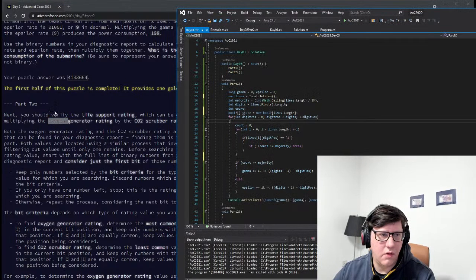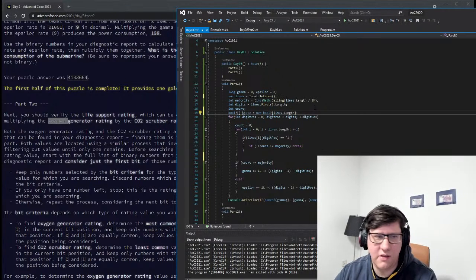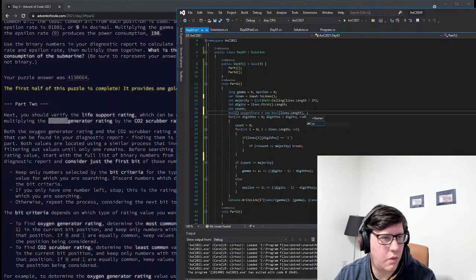So let's just do 2 arrays and have it be a simple bool, and it'll be okay. Let's see. So we have oxygen state. And we have CO2 scrub, just call it CO2 state.